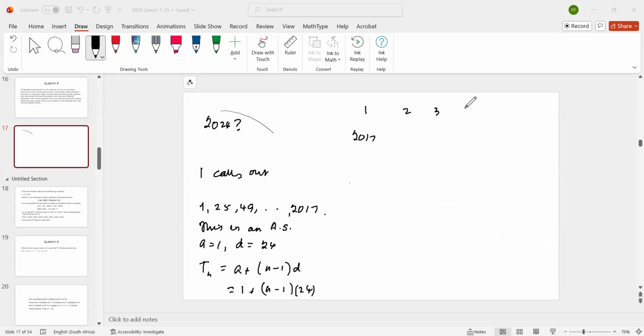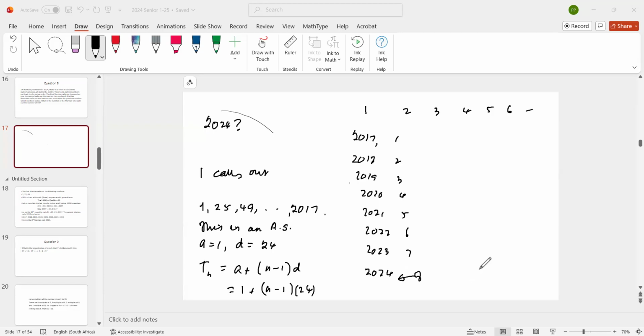Now, the ones after him shout out the numbers like this: 2018, 2019. I want to get to 2024. Right, so this is 1, 2, 3, 4, 5, 6, 7, 8. So the eighth person shouts out 2024.